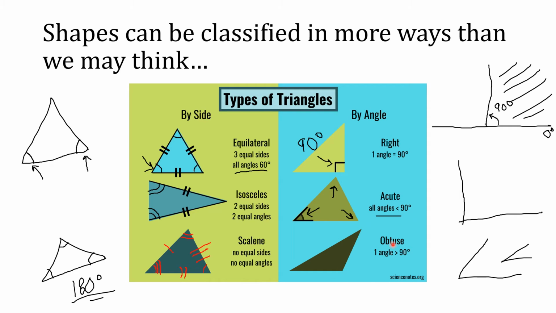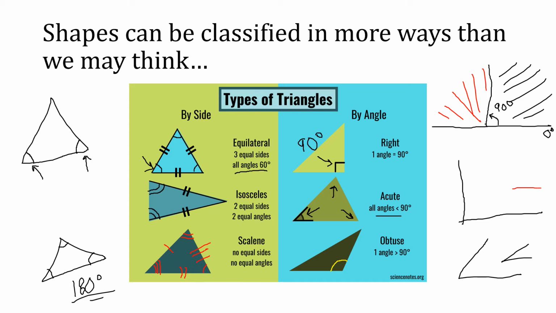And then the last one is an obtuse triangle, and that's one where one of the angles is bigger than 90 degrees, which is, in this case, this angle right here. So in the drawing over here on the side, all of these angles here would be obtuse angles.